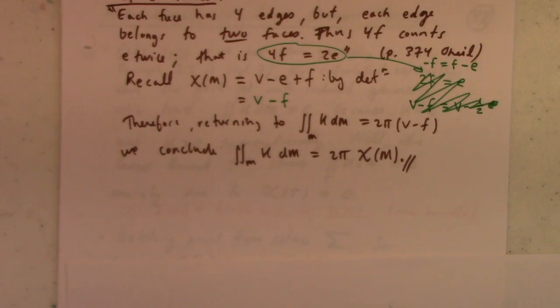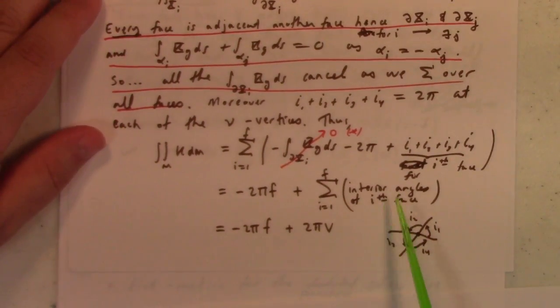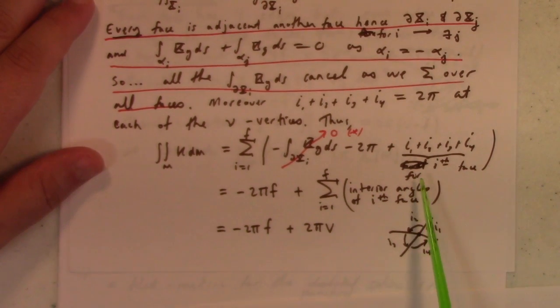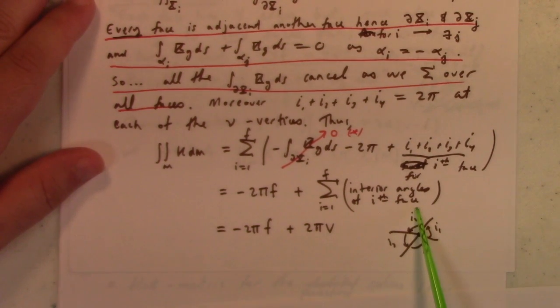And I'm sorry, I still have not explained why it is that the sum of the interior angles of the ith face works out to v times 2 pi. I mean, what is the sum of interior angles of a particular rectangle? Well, that's pi over 2 plus pi over 2 plus pi over 2 plus pi over 2, I believe.